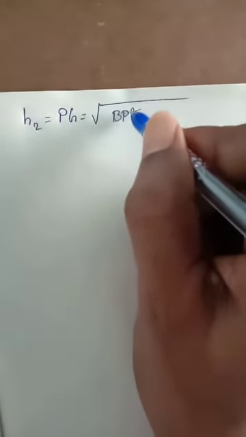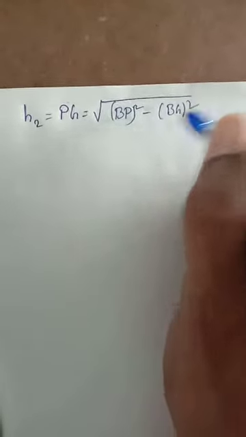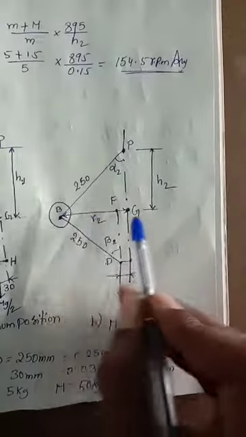First of all we are going to find H2, so that is equal to PG. I am going to write directly, so we don't get confused, root of BP square minus BG square from the diagram. PG, BP, BG, this triangle.